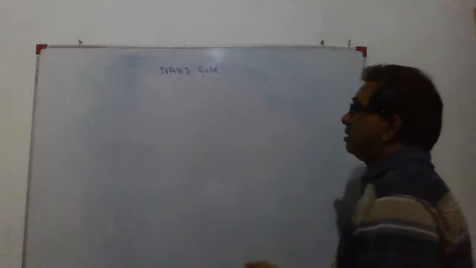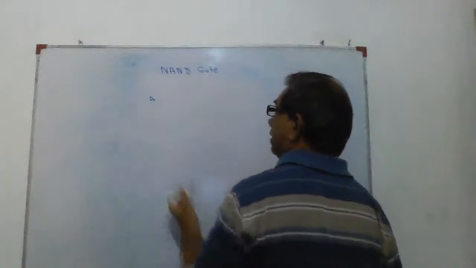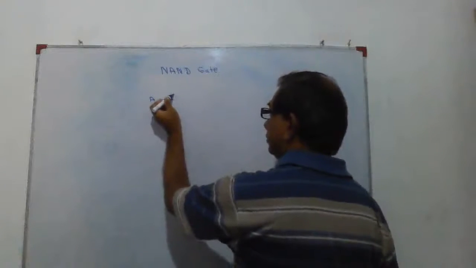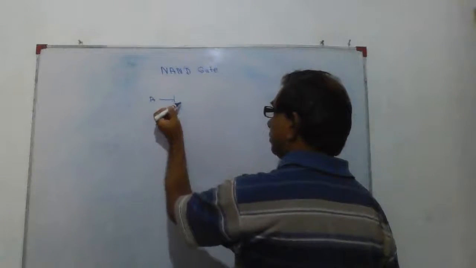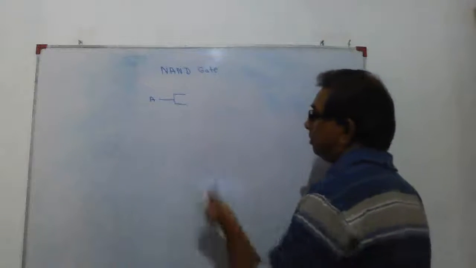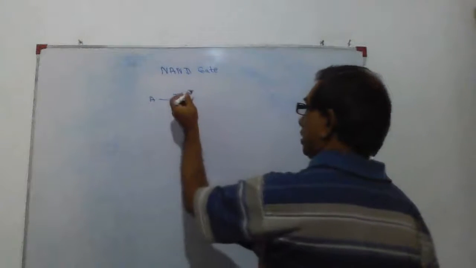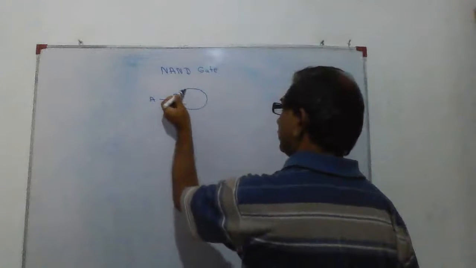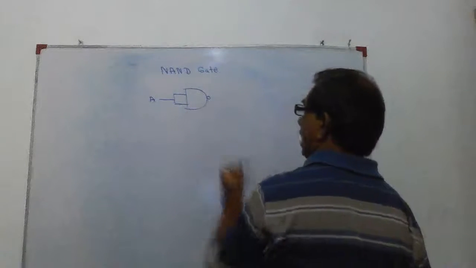There we get a single variable and input this variable from both sides. Same variable from both sides to a NAND gate. You see, this is the NAND gate.